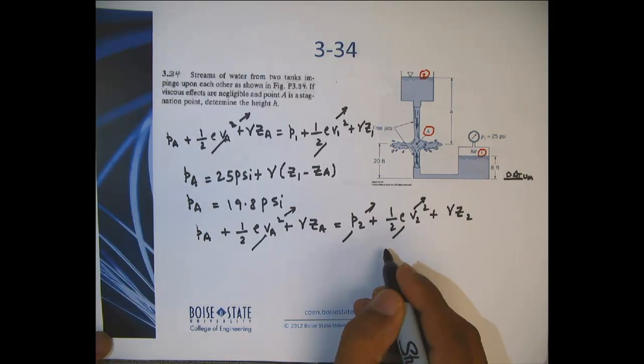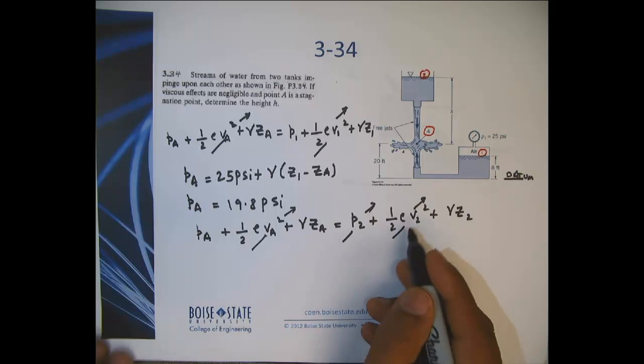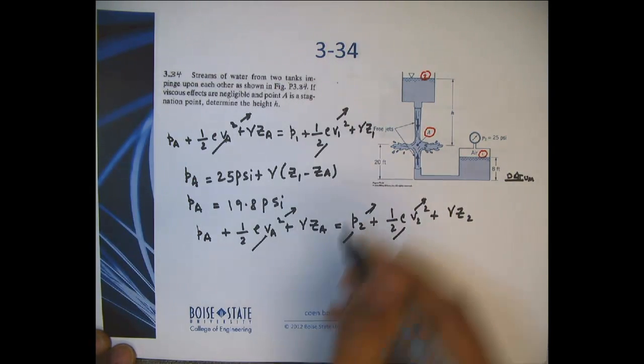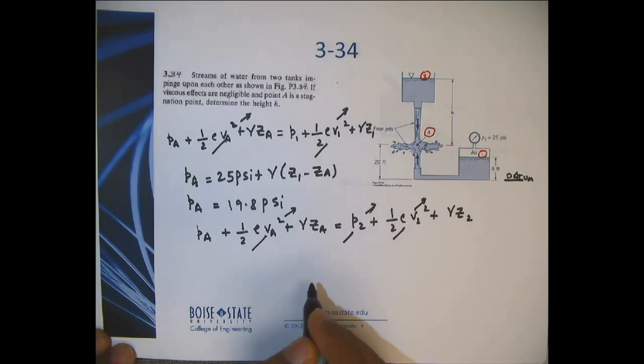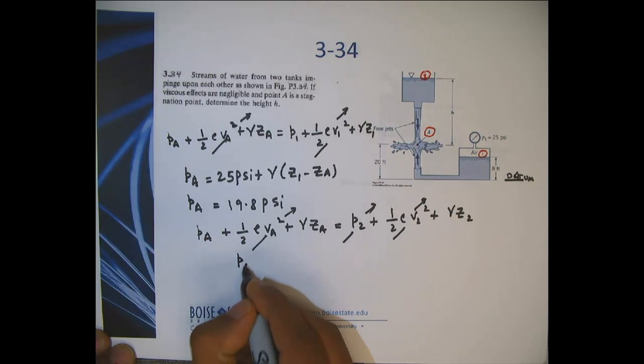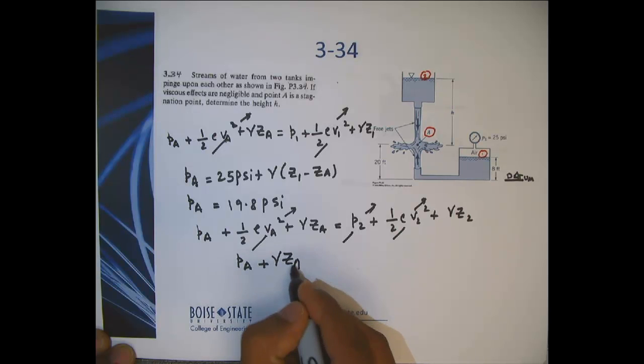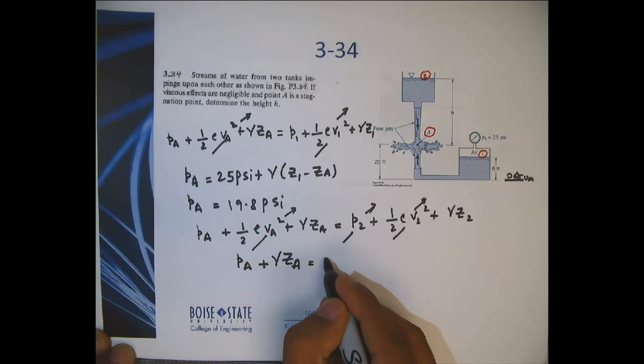V2, for a large tank, you can neglect the change in velocity or the change in this height. So V2 would be 0. So I can write PA, which we computed just now, plus gamma ZA equals gamma Z2.